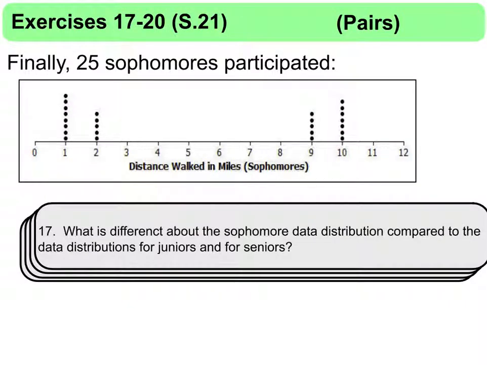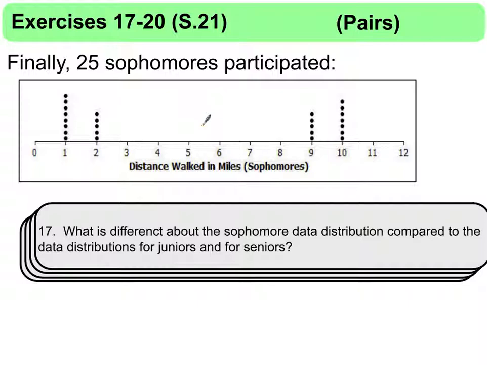Finally, when we look at this here, 25 sophomores also participated. In this one, one stark difference is you've got half the data here, and you've got another half of the data over there, and there seems to be nothing in between. They ask, what is different about the sophomore data distribution compared to the data distributions for juniors and seniors?